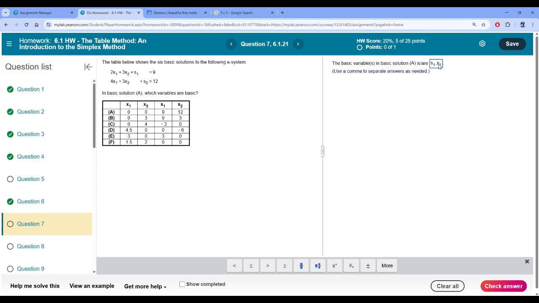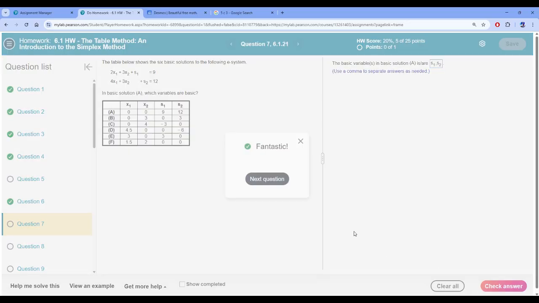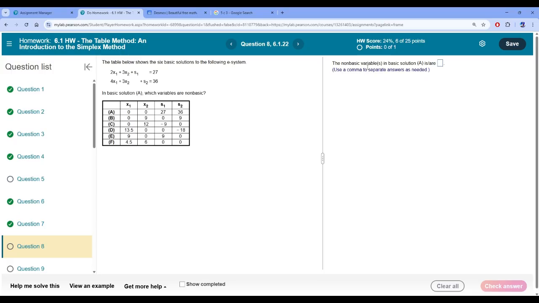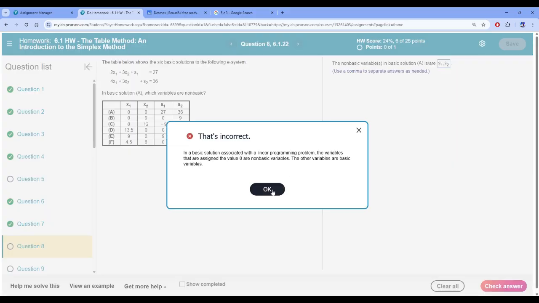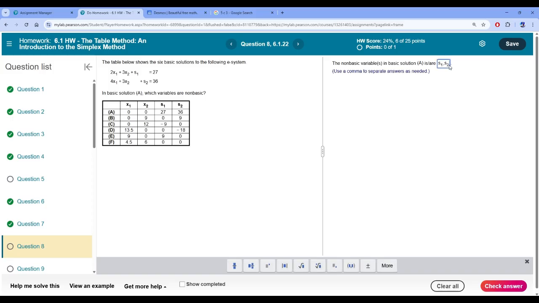Okay, the non-basic variables in solution A are S subscript 1, comma, S subscript 2. Oh, the non-basic. Did the last question ask for the basic? Probably. X subscript 1, comma, X subscript 2.